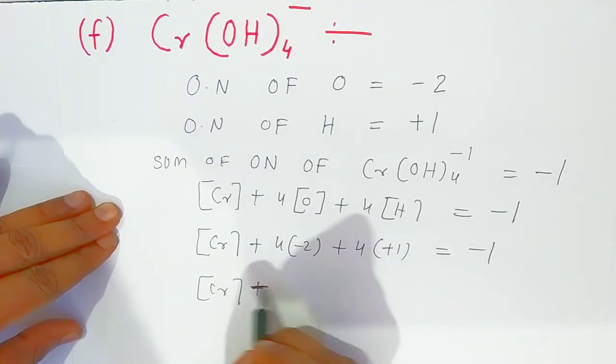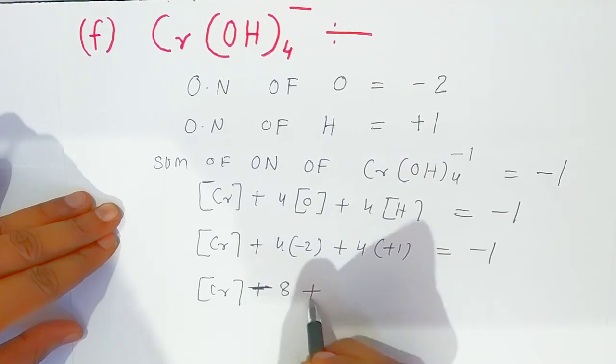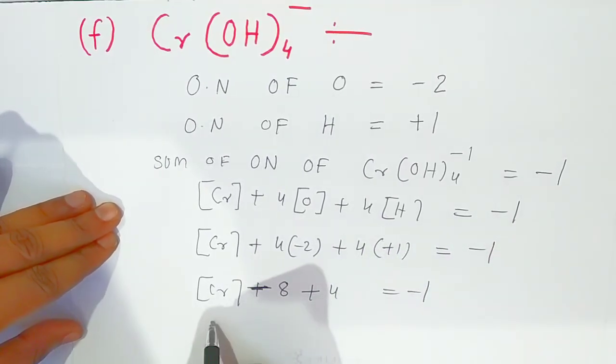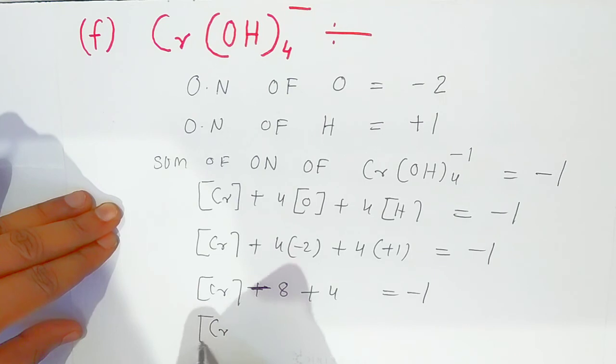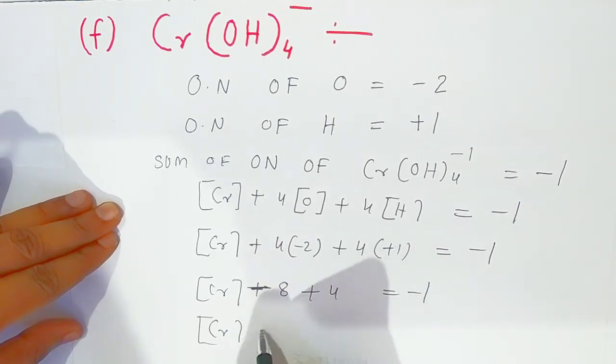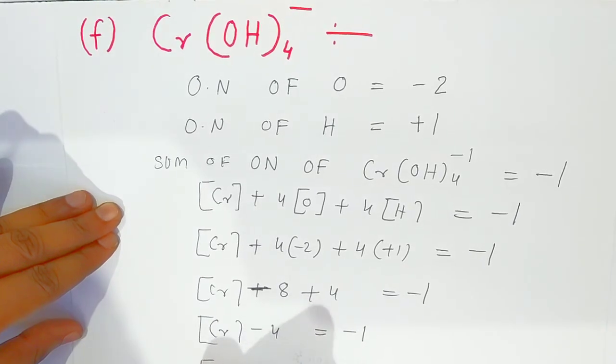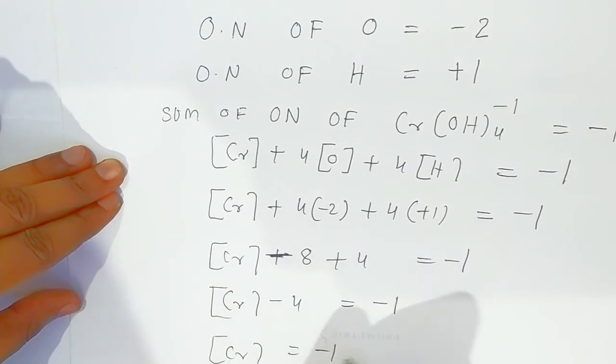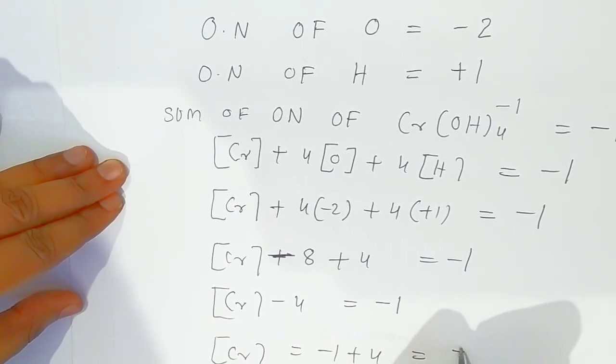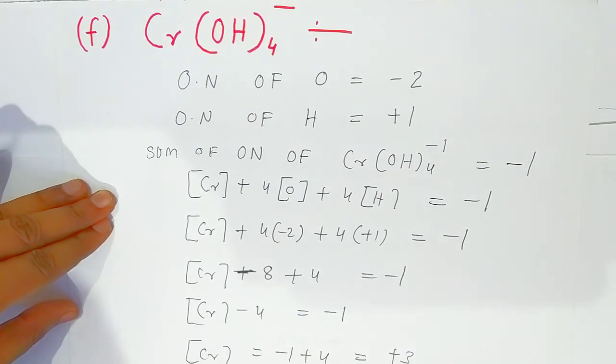Sorry students, it becomes -8, and this is +4, which equals -1. Minus 8 plus 4 is minus 4, which equals minus 1. So when this goes to this side, it will be plus, which equals plus 3. So this is the oxidation number of chromium. Plus 3 will be the oxidation number of chromium.